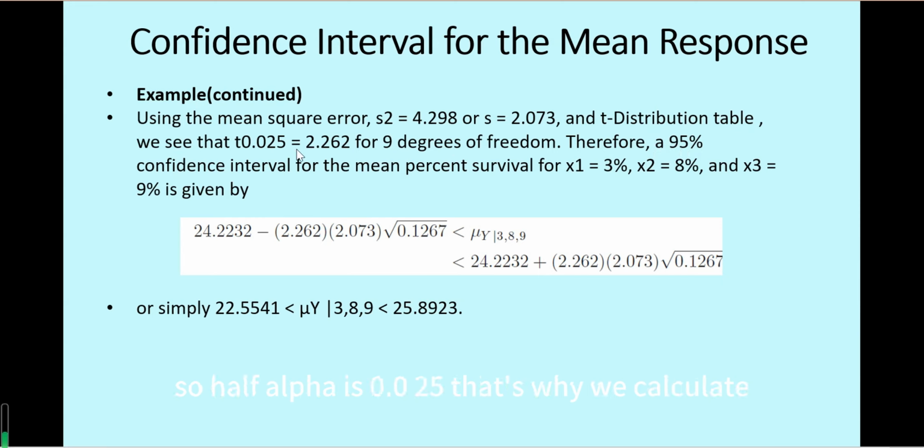So half alpha is 0.025. That's why we calculate the critical value here. So we fill everything into the confidence interval, and can get about 25.89 for the confidence interval of the mean response value at these 3 independent variables.